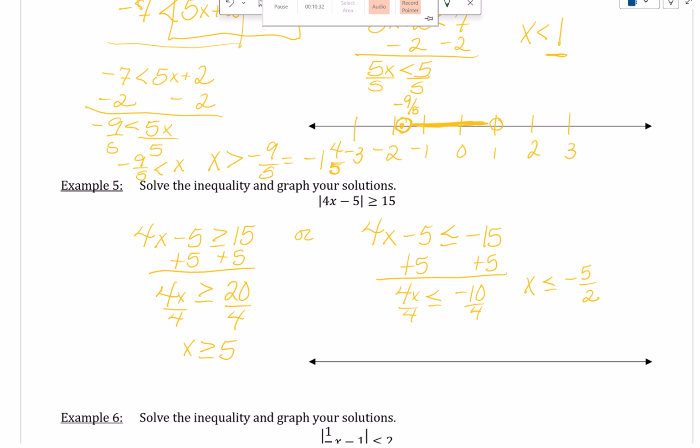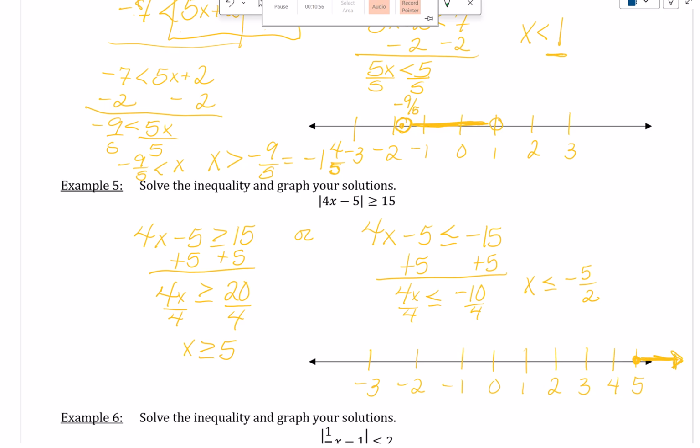So we have greater than or equal to 5, so closed circle at 5, and bigger.